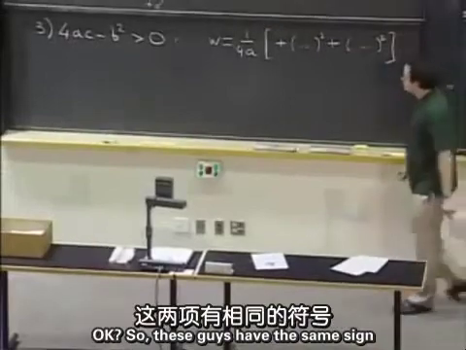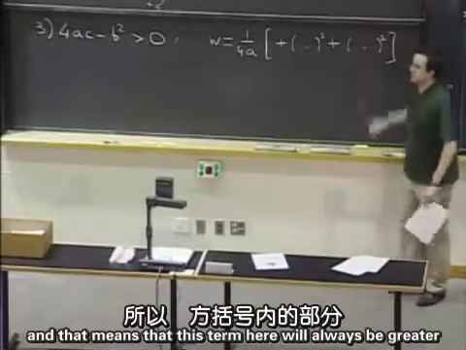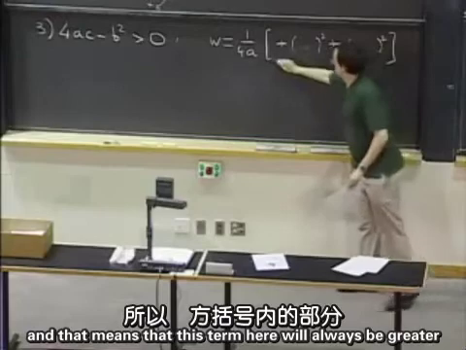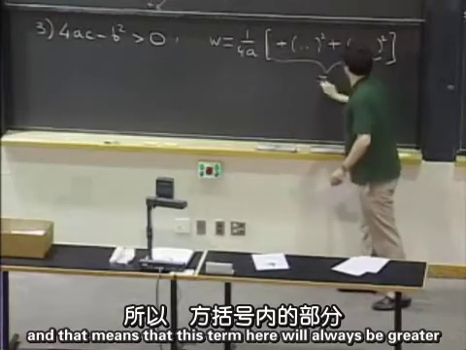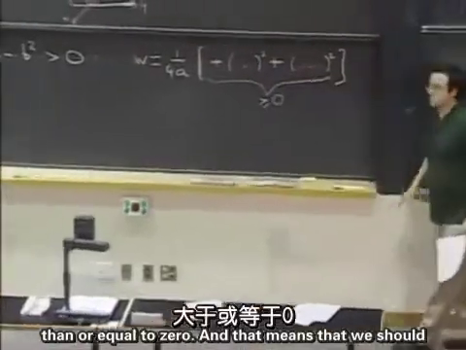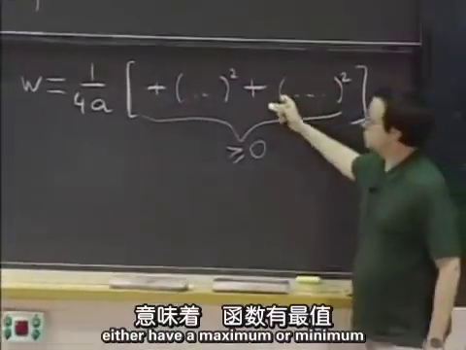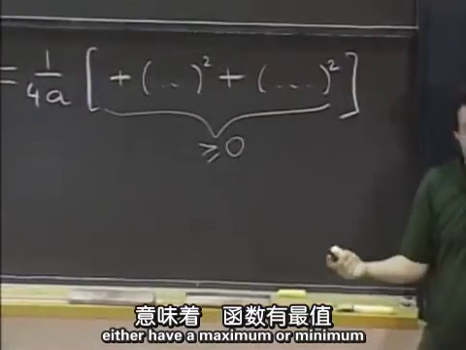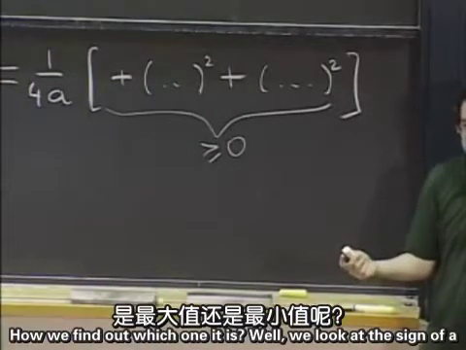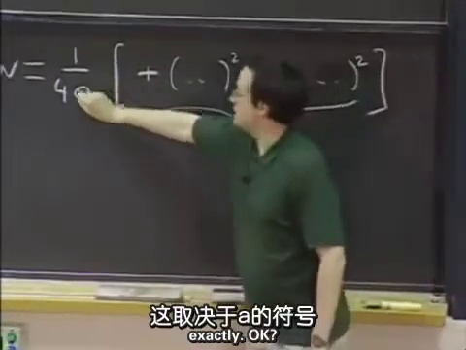So these guys have the same sign, and that means this term will always be greater or equal to 0. And so we should have either a maximum or a minimum. How do we decide which one it is? Well, we look at the sign of a, exactly.